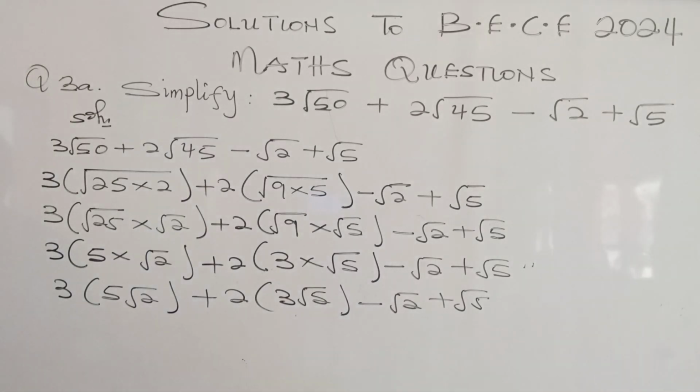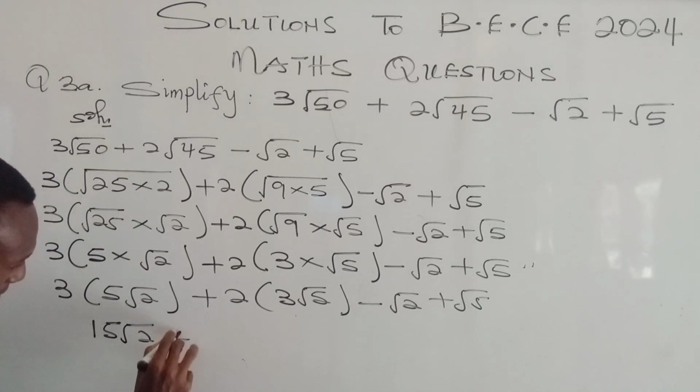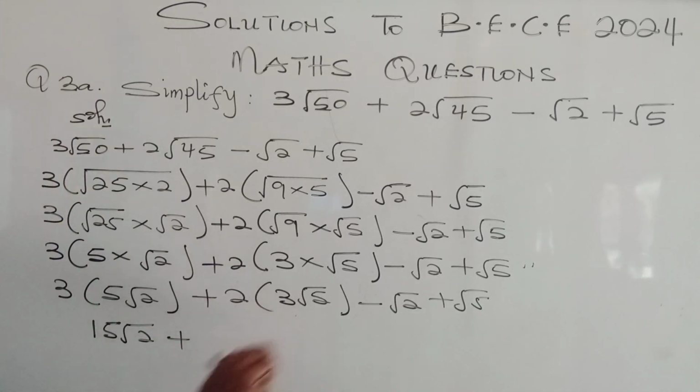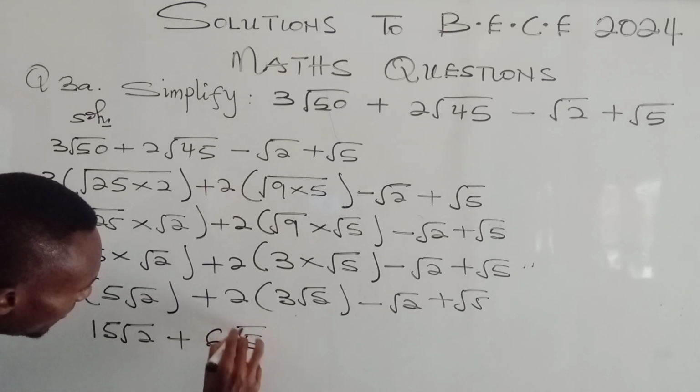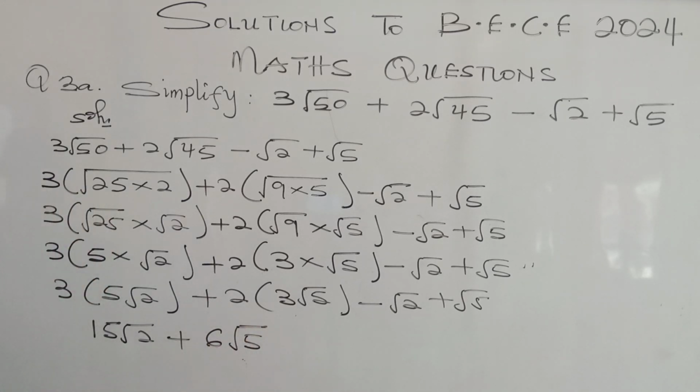Let's go ahead and do a further simplification. 3 times 5 root 2 will give me 15 root 2. I hope you understand and you agree with me. Then plus 2 times 3 root 5 will give me 6 root 5.